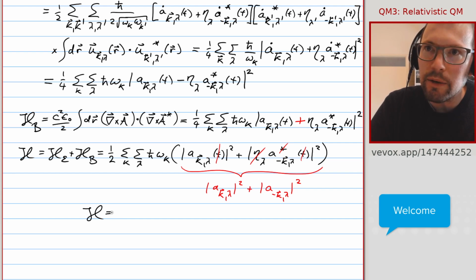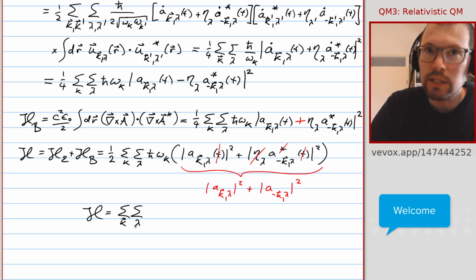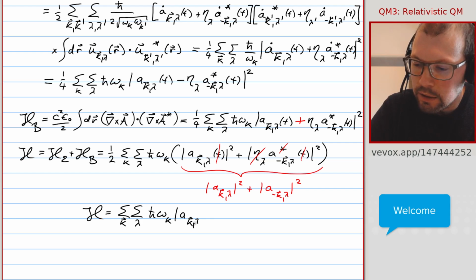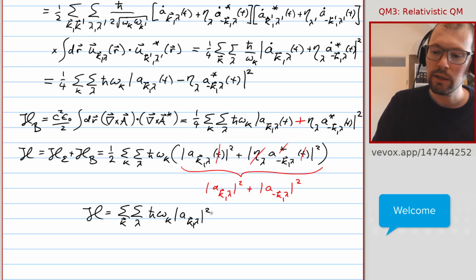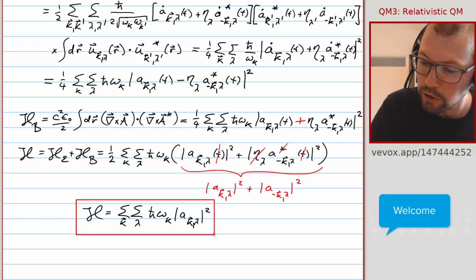So really what we end up with is that the Hamiltonian is given by the sum of the absolute value squared of all these coefficients.